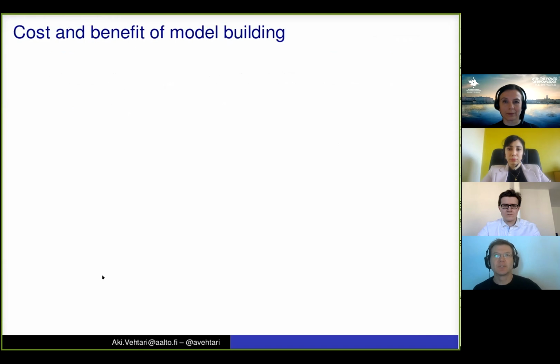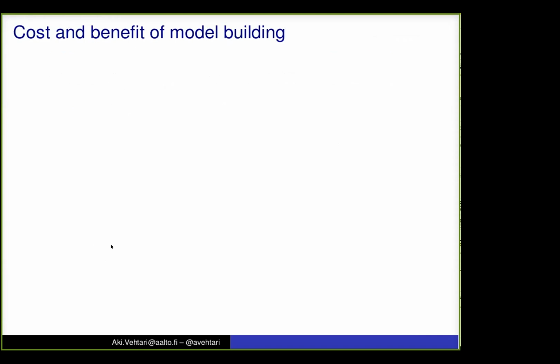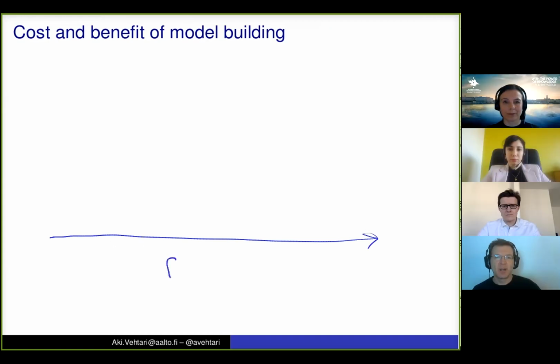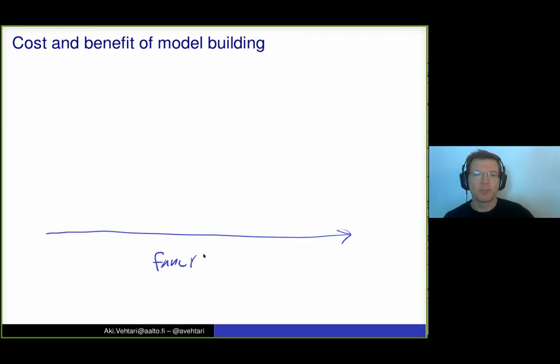Another reason that we often do iterative model building is this cost and benefit of model building. If this is how fancy a model we have, and then this is the benefit of the model, it's likely that it is something like this.